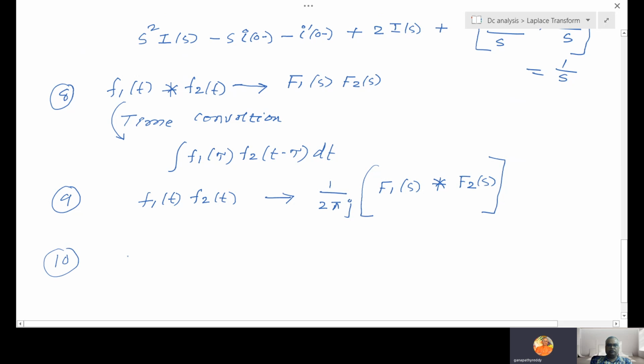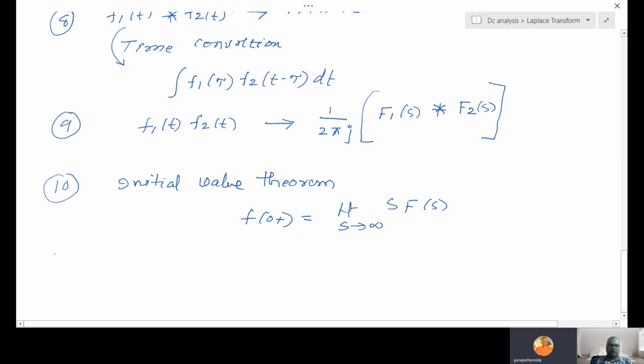Then the initial value theorem. F of 0 plus, the value of the function at t equal to 0 plus, is limit s tends to infinite of s into F of s. Similarly, the final value theorem.